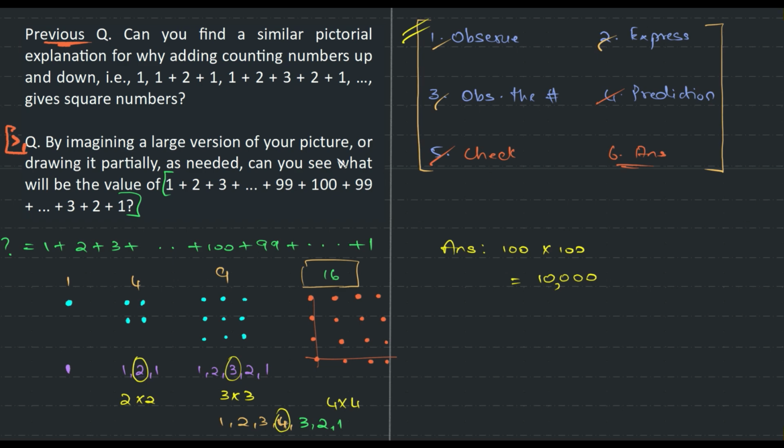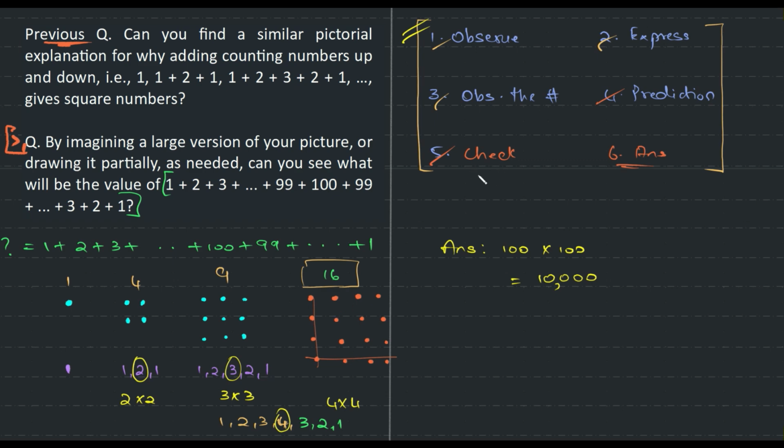Okay? So the answer for this is 100 into 100. The reason being, we could see it from this pattern. Actually, I literally can't confirm this by drawing 100 by 100. It's not practical. But instead of that, I went on to understand from the smallest set that I can handle. I first looked at the first three sets of the sequence, and I predicted the fourth one, and I verified it.